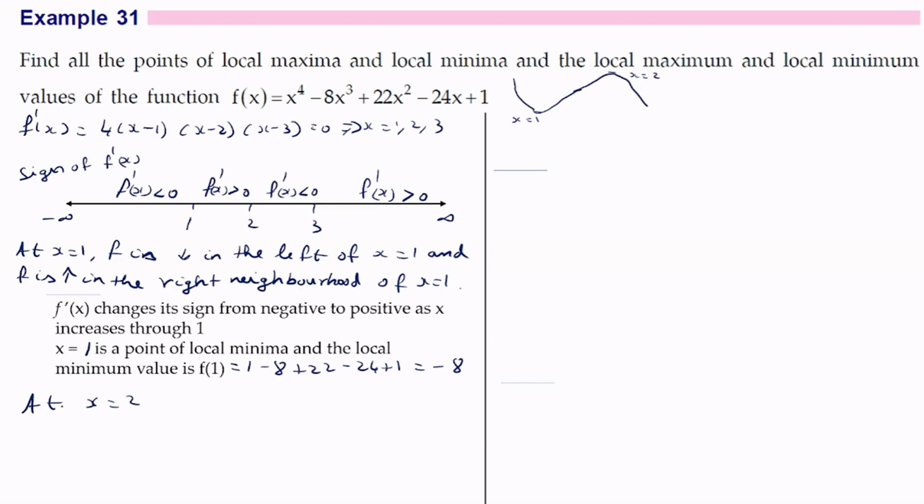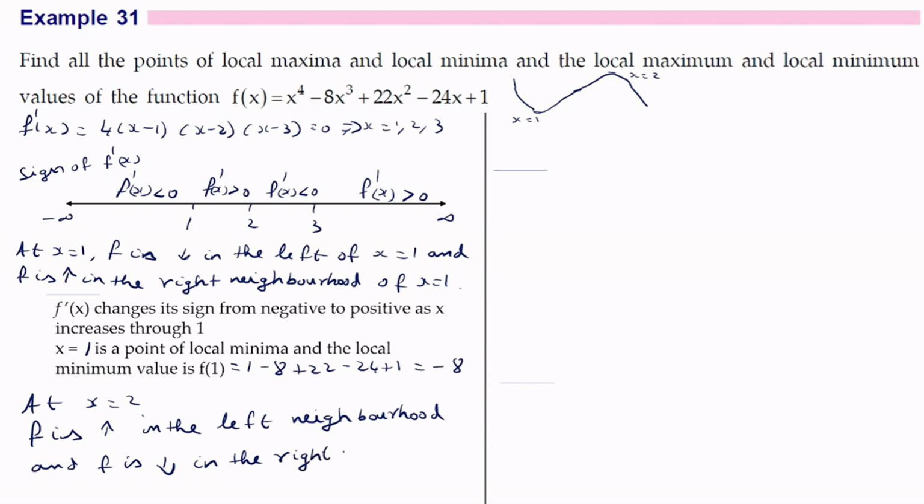So at x is equal to 2, f is increasing in the left neighborhood and f is decreasing in the right neighborhood of x is equal to 2.